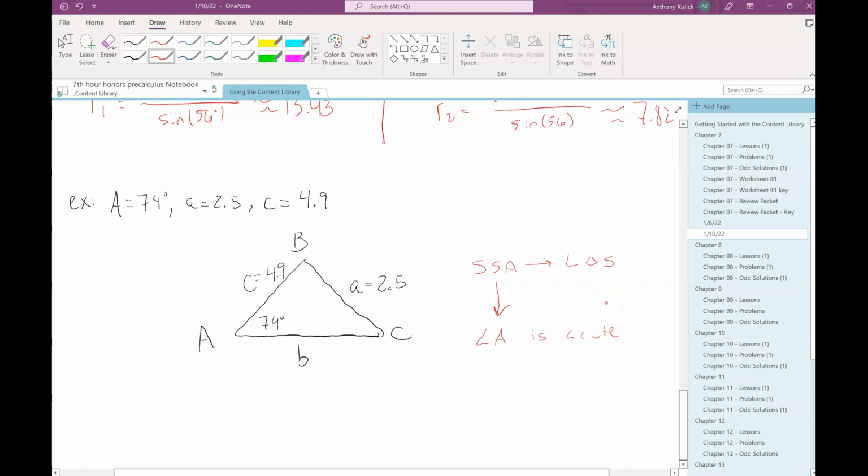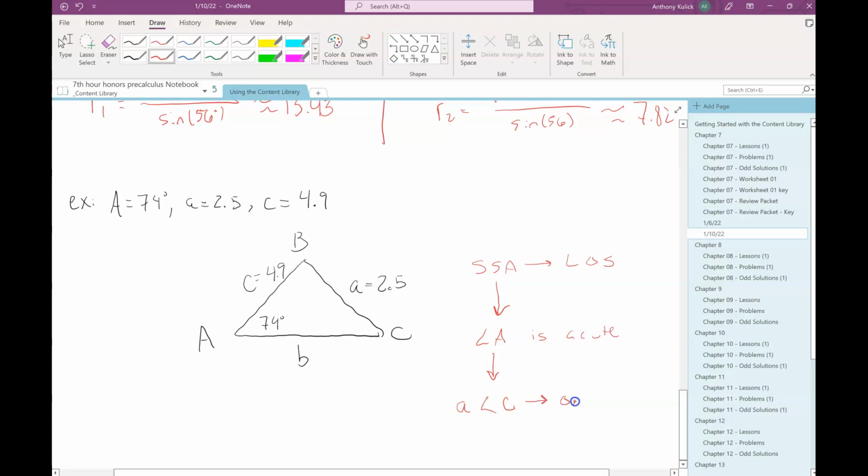Angle A is 74 degrees. That's acute. So I know then I have to compare that side that's opposite the given angle with the other given side. Is that side A bigger, equal to, or smaller than the other given side? Smaller, right?